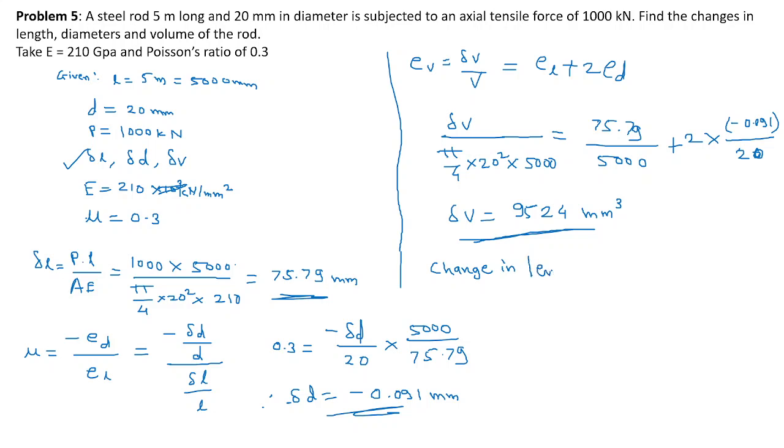Change in length is 75.79 mm, plus 1. Change in diameter is equal to negative 0.091 mm. Then change in volume.